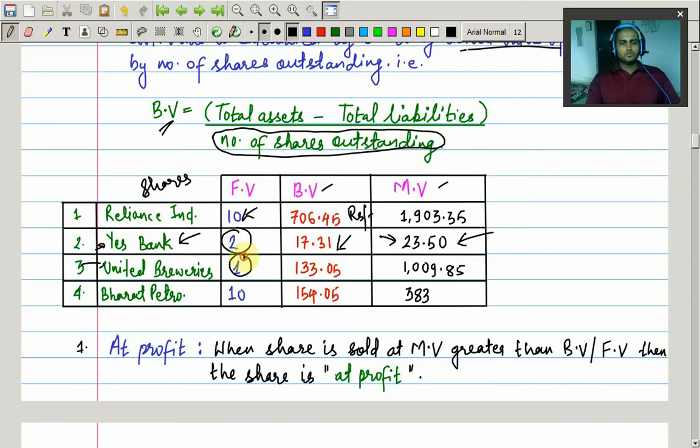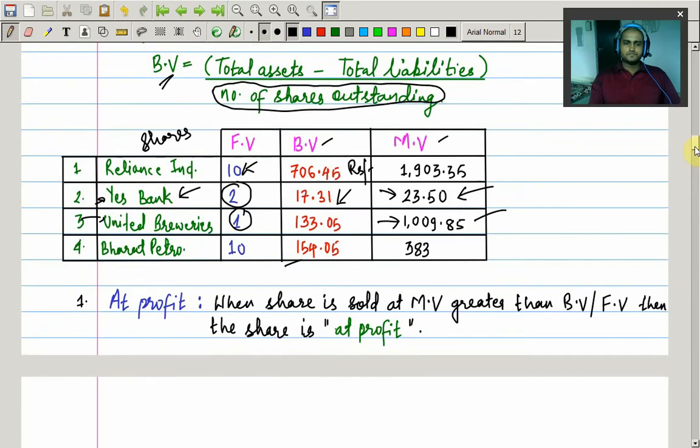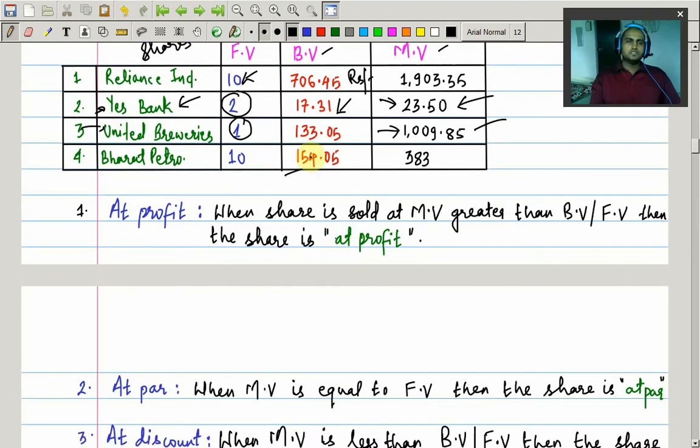Face value is rupee 1, book value is 133 rupees and 5 paisa, and one share in the market will cost you rupees 1009. Bharat Petroleum. You can see all these details on the internet. I have taken these readings on 13th July.